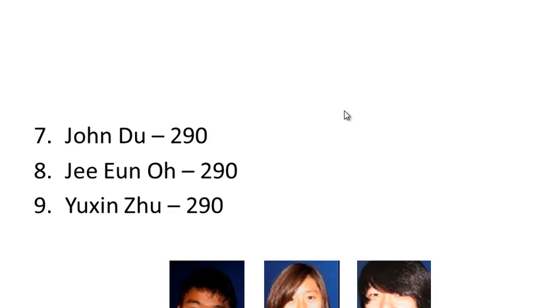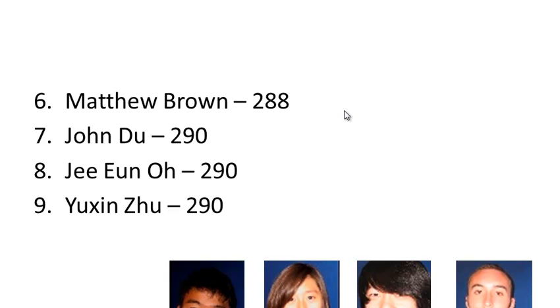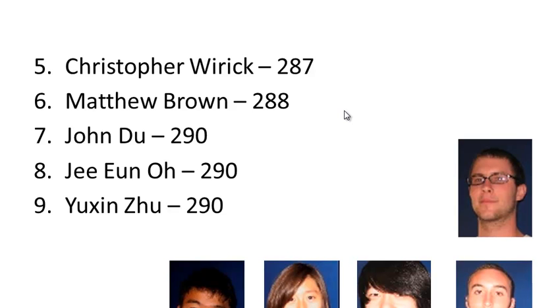Number 7, John Do. Is John here? John's not here. All right. Number 6, Matthew Brown. Matthew here? No waving. Christopher Wierig at 5 with 287.